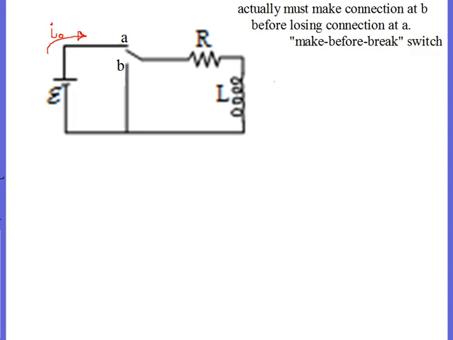But the current, the I that we're going to be talking about, is the current over in this part of the circuit, which at time 0 will be I0, appropriately enough. But when you throw the switch to B, then immediately this thing here is going to say, whoa, whoa, whoa, things are changing.